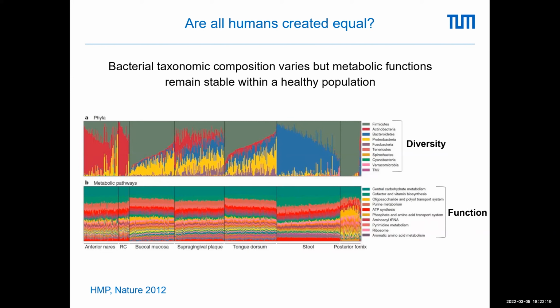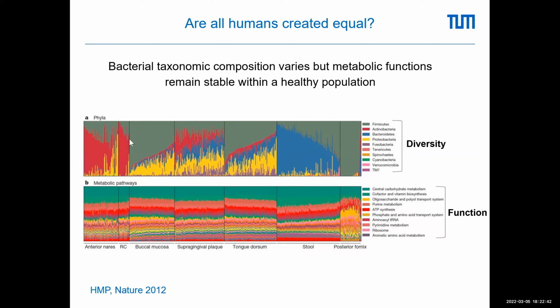That was the microbiome composition in terms of taxonomic composition, taxonomic diversity. And what you can see here is that we humans are diverse in terms of taxonomic composition of our microbiome.